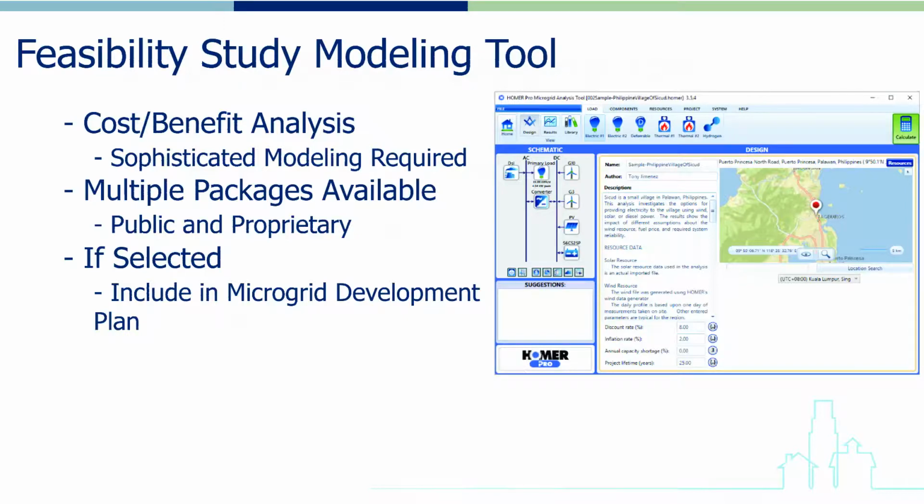There are a range of such modeling software packages, both public and proprietary, available on the market. If, over the course of creating a microgrid development plan, a specific modeling software package has been identified, it should be included in the plan as part of the technical feasibility study scope discussion.